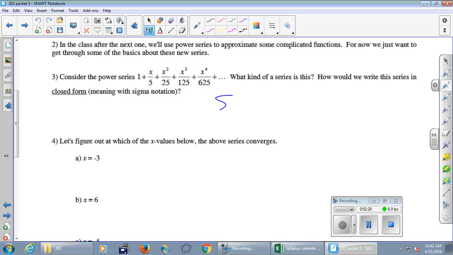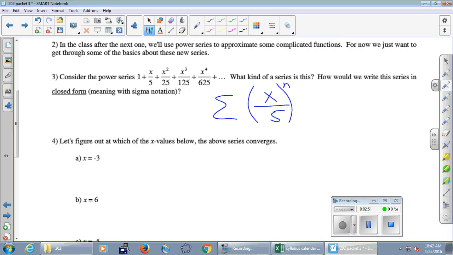So here we go, summation. The basic idea here is to pick apart that pattern. What is the pattern here? I see a fraction, so I'll put a fraction line. All right, so I hear 1 vote for x over 5. What do you think?